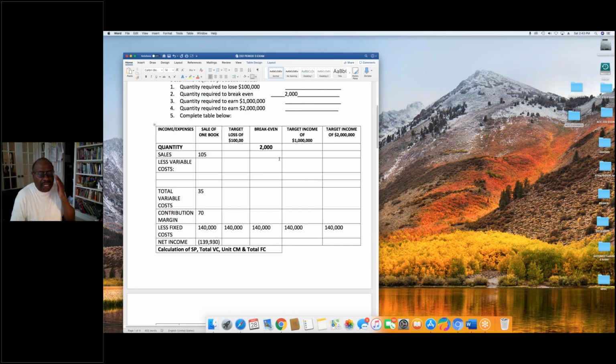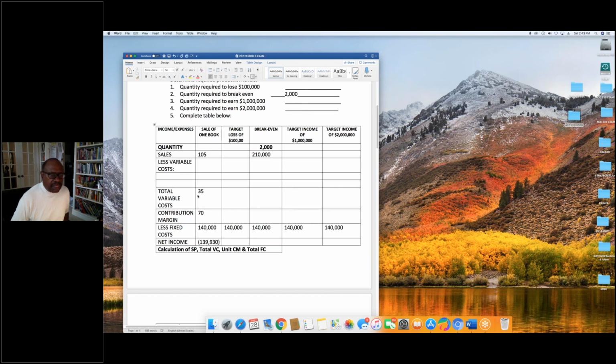Now, let's look at the break even. We have 2,000, and we're going to multiply 2,000 times the selling price, 105. If we do that, we get $210,000 as our total selling price.